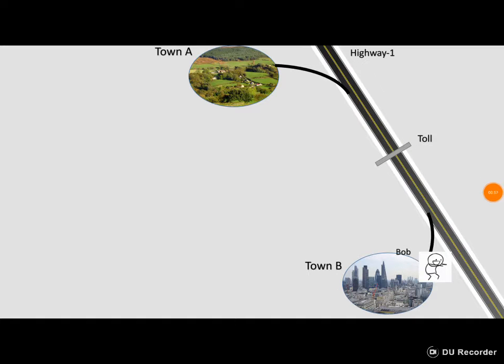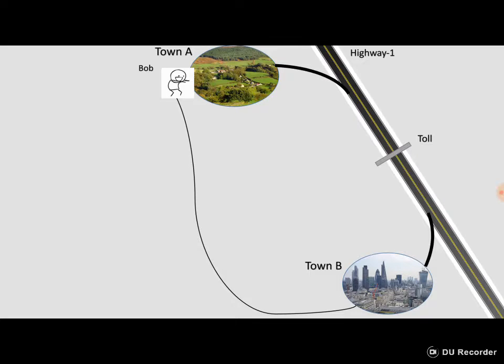It starts to get interesting when we add the possibility of a side road or an alternate route, if that's what you want to call it. Now, Bob has a choice. He can either take the highway with the toll, or he can take the alternate route. If he takes the toll, he will have to pay that high fee.